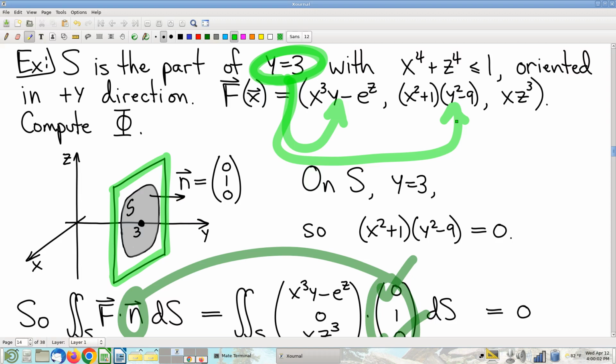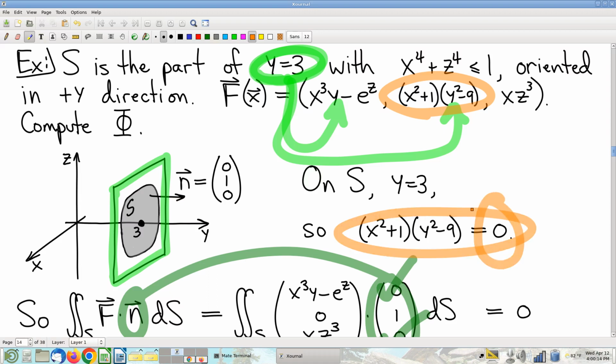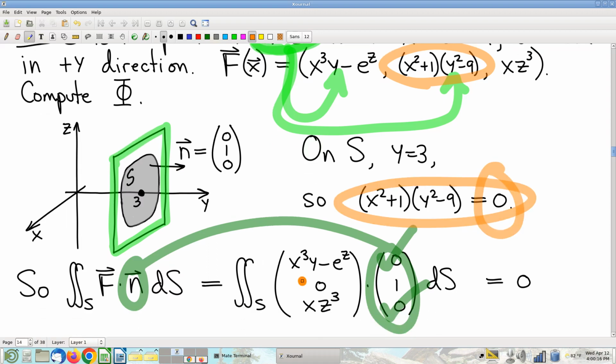After all, for my entire surface, y is equal to 3. Well, that makes this second component of my vector field 0, which I can insert into there. And game over, we win. The dot product is 0, integral is 0.